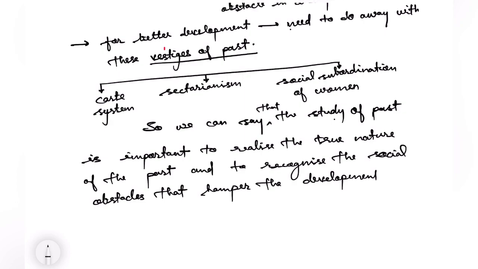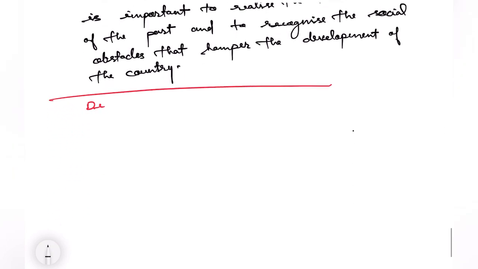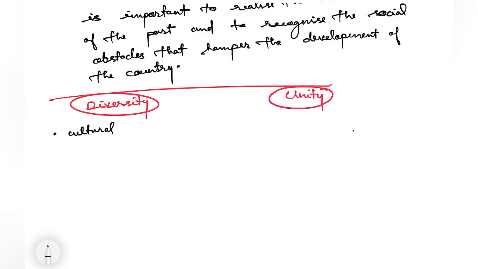Now we can make a chart about the diversity that was present in India. We know that there was diversity in the form of cultural diversity, linguistic diversity, religious diversity, and geographical diversity, of course. For each diversity, we have seen how a unity prevailed in the country. For cultural diversity, we all followed a common style of life, so we had unity there.